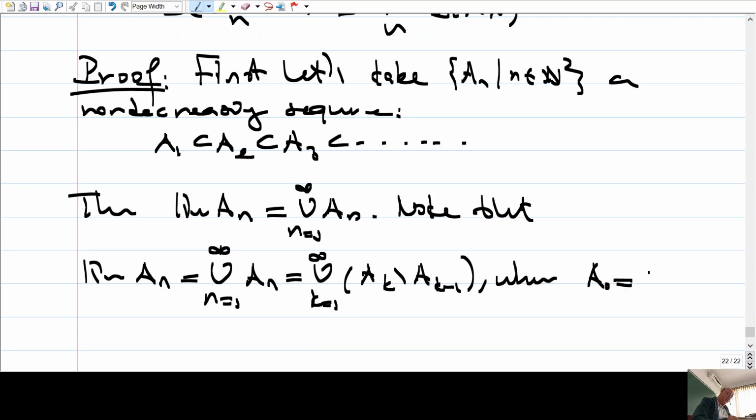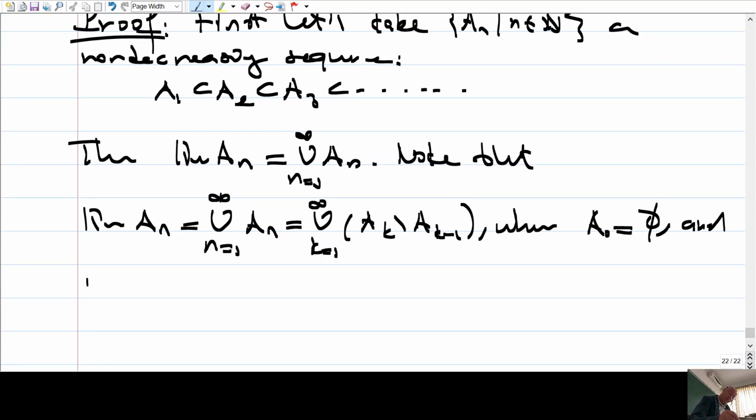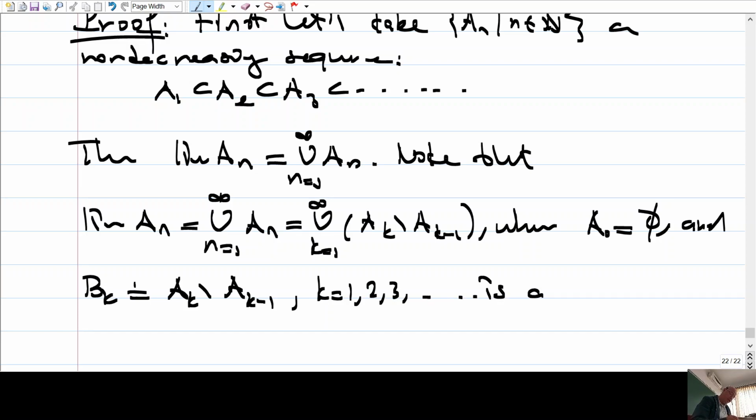A0 is by definition the empty set. And Bk, I define it as Ak minus Ak minus 1, for k equals 1, 2, 3, and so on, is a pairwise disjoint sequence of events.